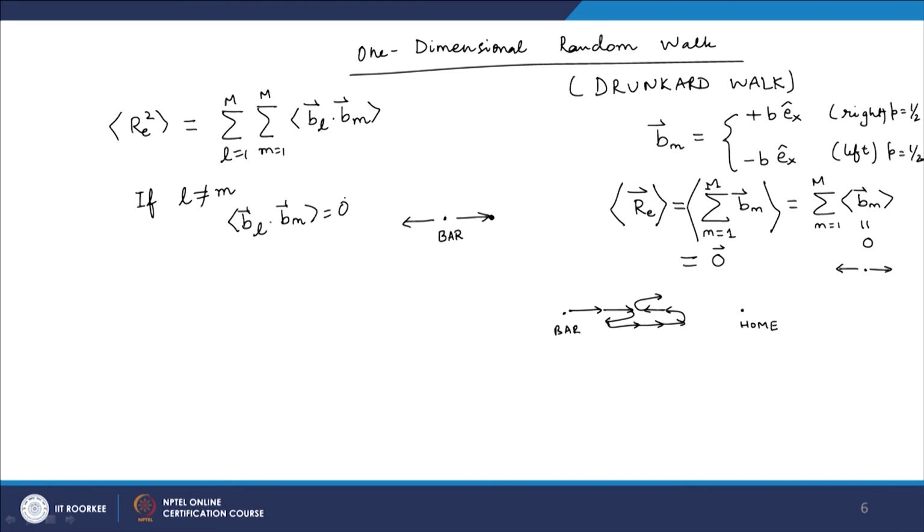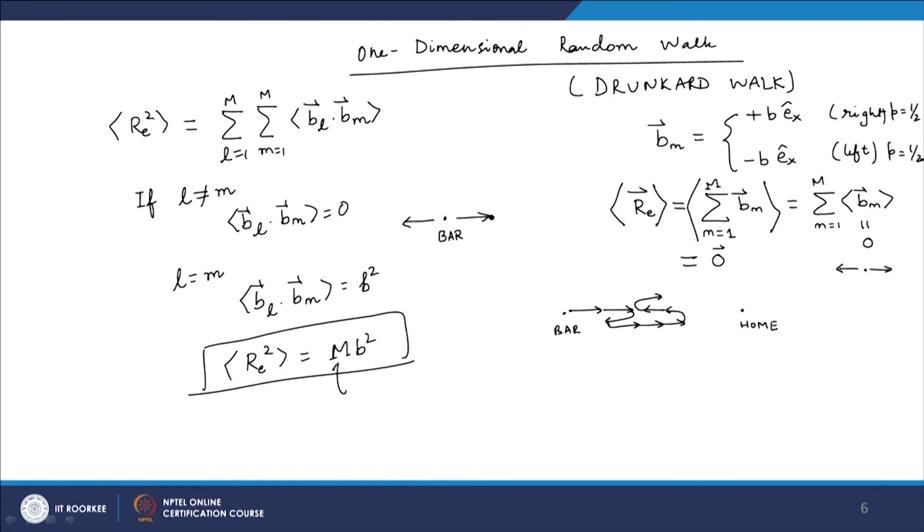Again you can say that by the same logic as earlier, when L will be equal to M, then we are multiplying two vectors which are the same. So this must be equal to B square, and so we again have the same result where M now is the number of steps that he makes in the drunkard walk, and again we do see the same relation I had earlier.